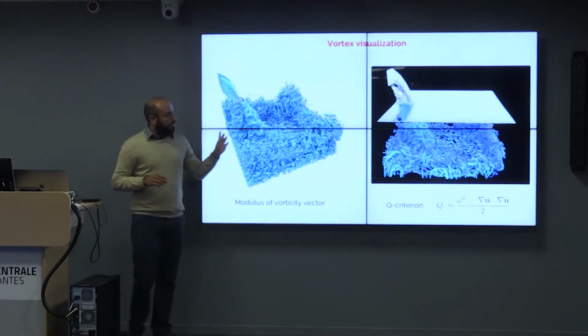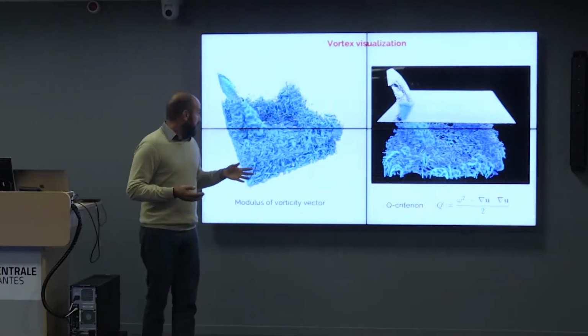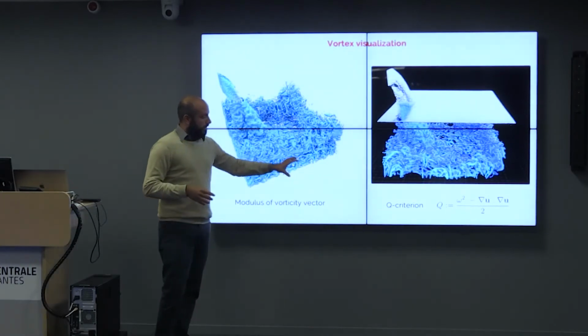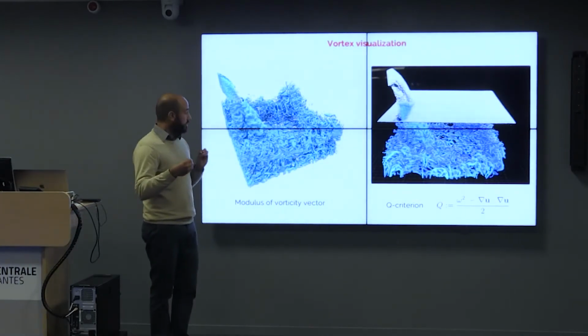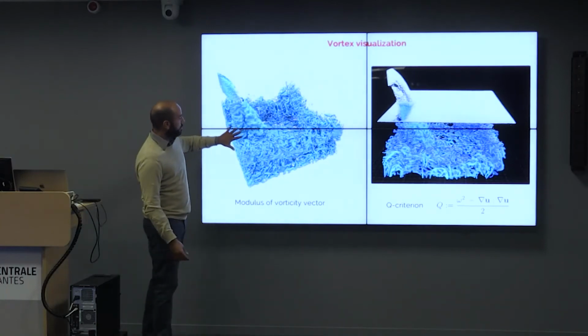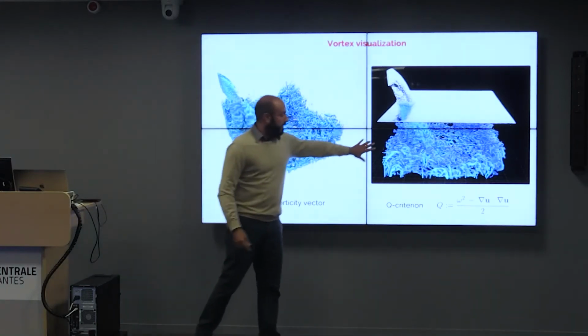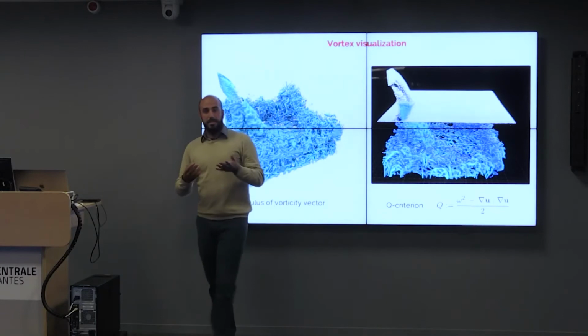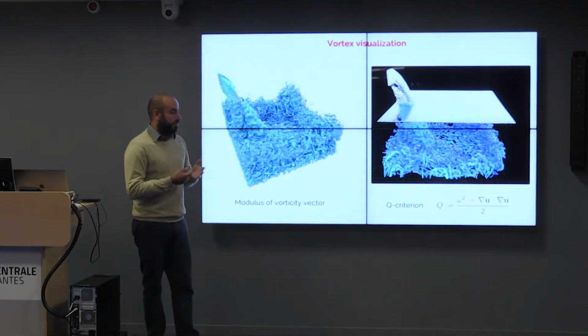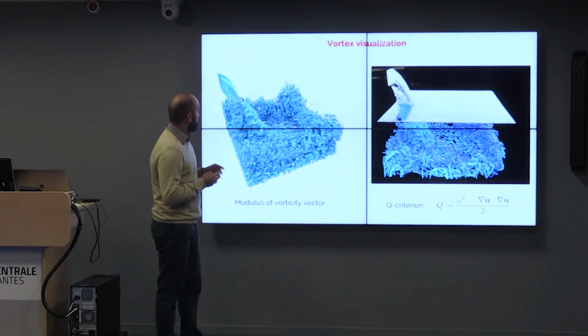So these are two examples of what we obtained using different criteria for the vortex detection. This is using the modulus of the vorticity, and this is using the Q criterion, which is related to the second invariant of the deformation gradient tensor.